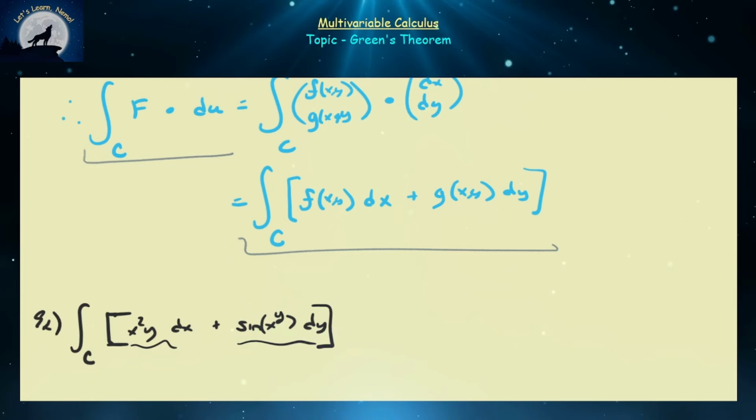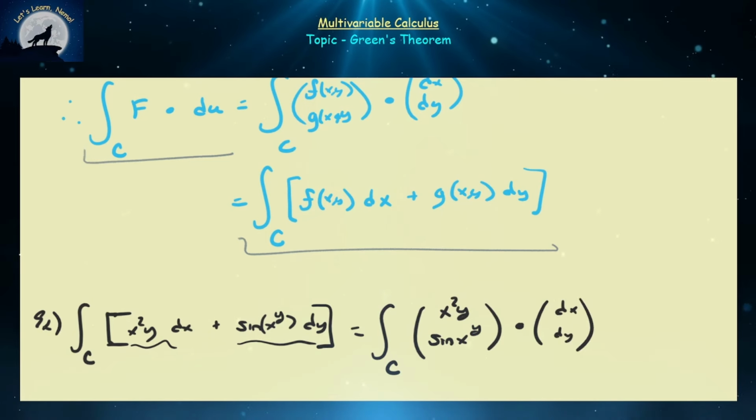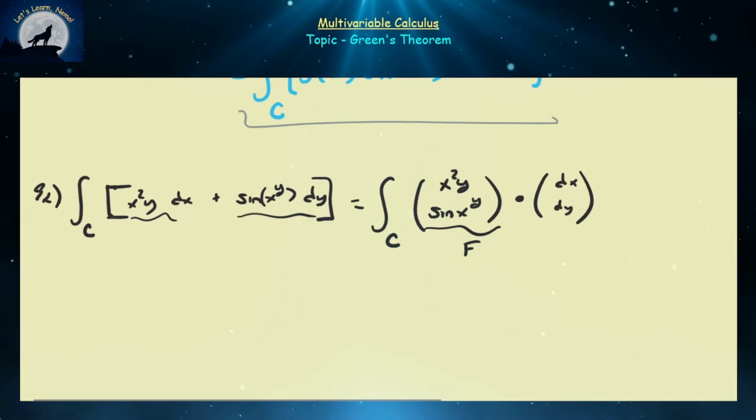But keep in mind, this is in some sense possibly an area integral in disguise. We have x and y. But according to this, it is the same as the integral over c of (x squared y, sine of x to the power of y) dot product with (dx, dy). So technically speaking, this is the vector field f that we were integrating, and this right here is your u prime vector that we have already known up to this point.